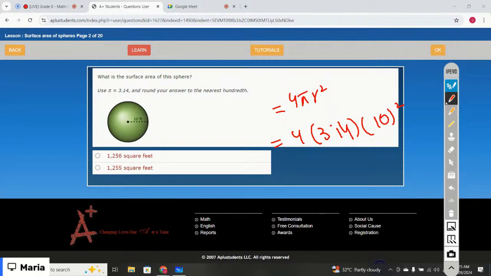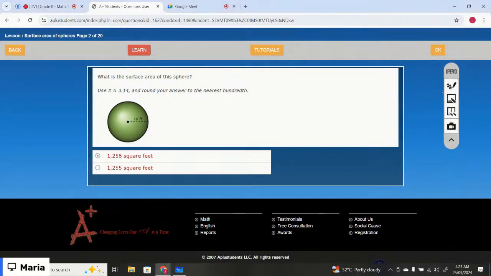That is 100 times 3.14 times 4. The correct option is 1256 square feet. So option number 1 is the correct option, right?